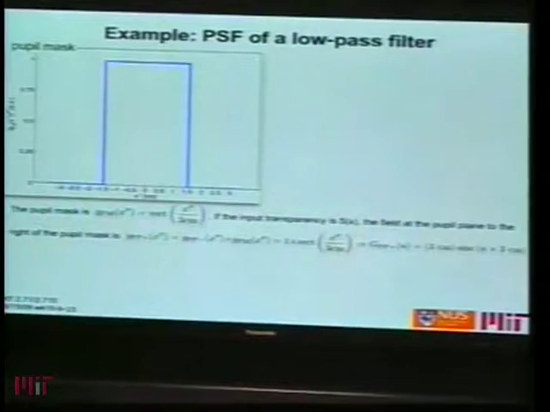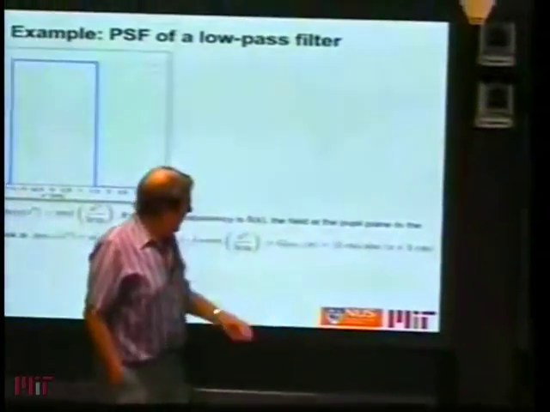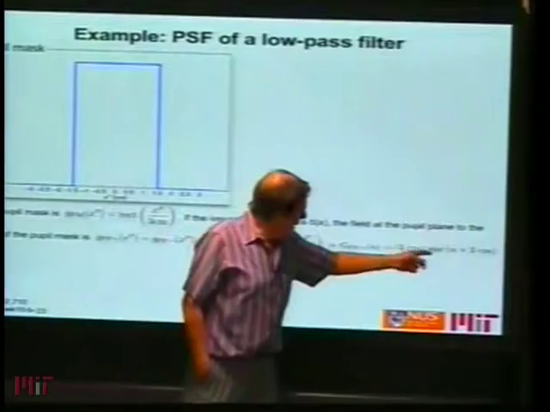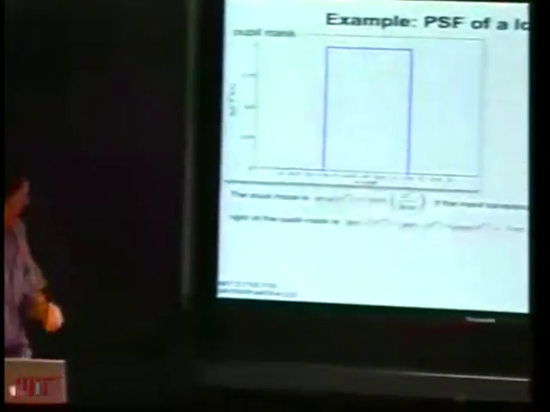So this is illuminated on axis. The field after the pupil mask is just the same as the pupil mask, and then we Fourier transform that, and it's going to give a sinc. The Fourier transform of rect is sinc, and here we've got the relative sizes of this as well, so that we know how big it is.